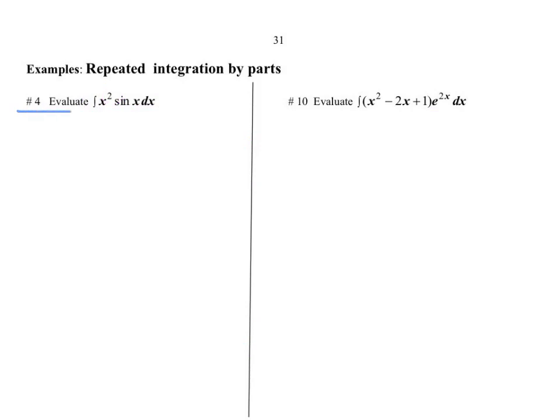Now we have seen here in number 4 and number 10, whenever we have x squared or x to the power cube, with sine and exponential, you see here we have x squared, we had to do this using integration by parts twice or more according to the power of x. Now, for exponential and sine or exponential and cosine, we must also use integration by parts twice, as we are going to see now.